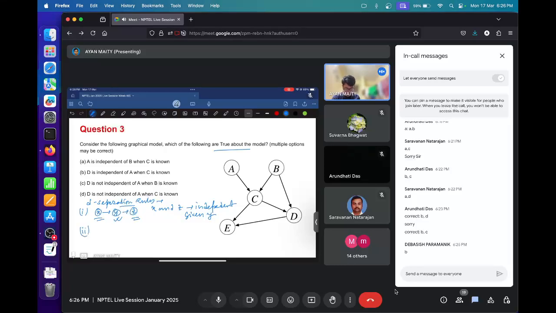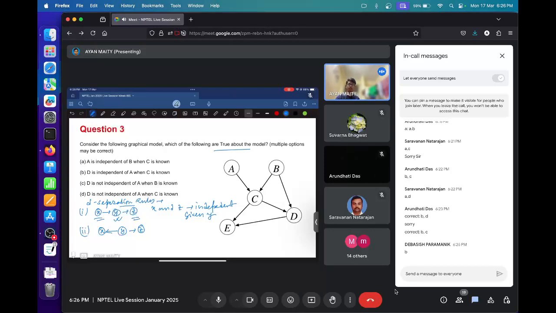Now the second rule is, if there are two edges, one from y to x, another from y to z. So you have to be careful about the direction of the edges. Both the edges are outgoing edges from y.